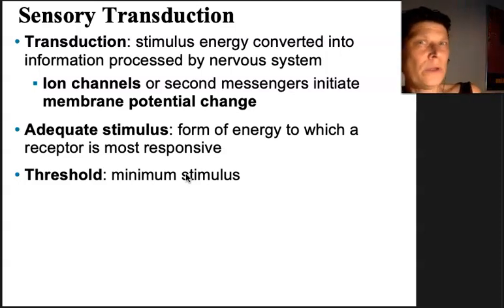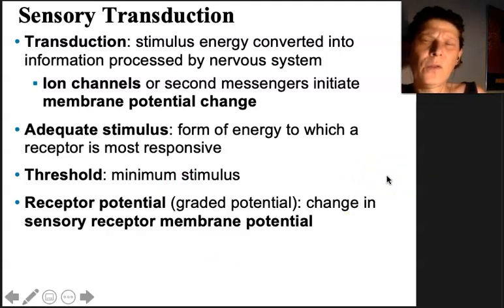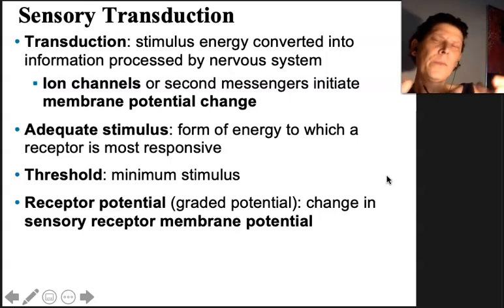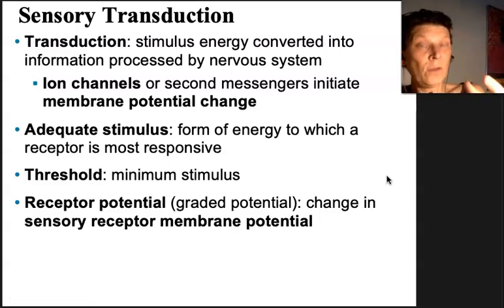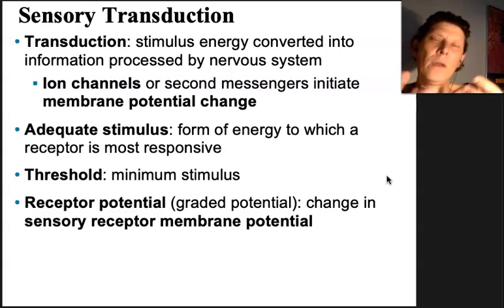And that same principle applies to sensory transduction. So the receptor potential, which is initiated by the stimulus and the changing of the membrane potential of the receptor, is generally a graded potential.